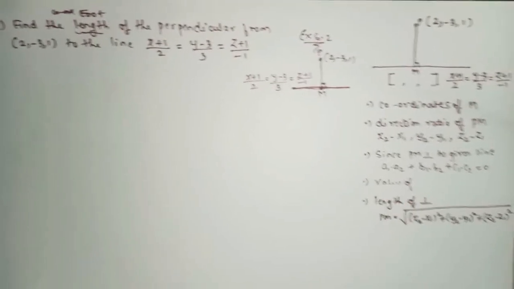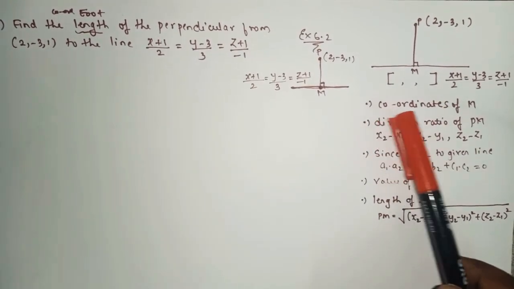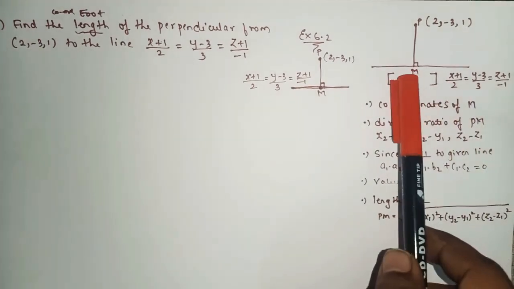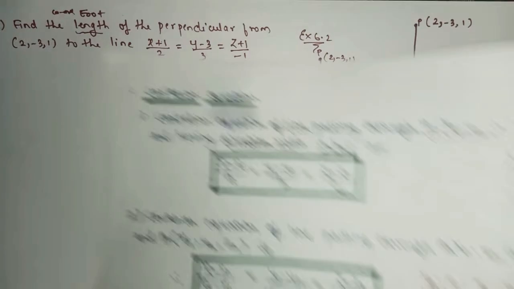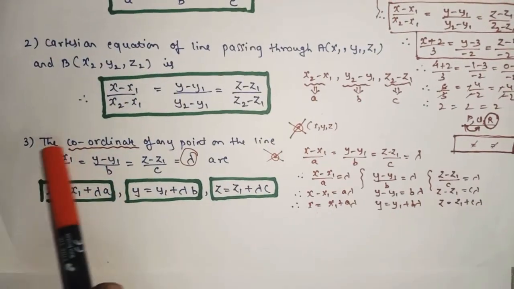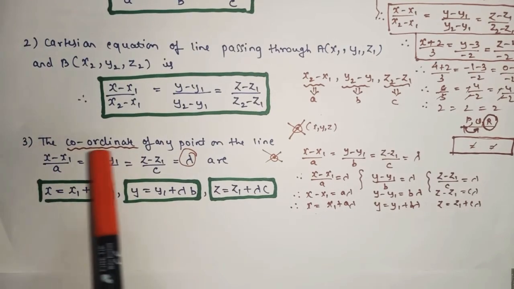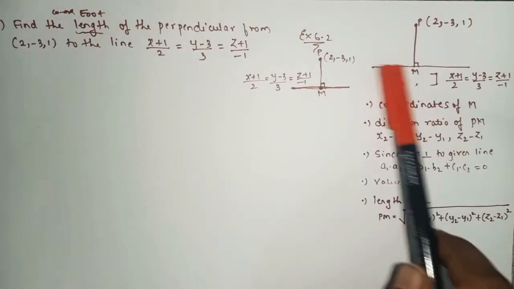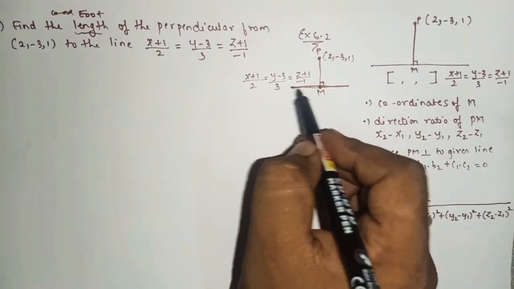So let's begin now with the sum. The first step is to find the coordinate of the point M. To find the coordinate of the point M, we'll apply the concept to find the coordinate of any point on the line.